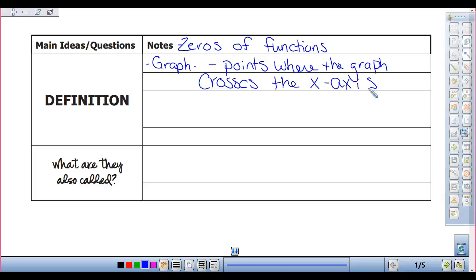Okay? If we're doing it algebraically, so there's going to be times where they tell you to solve it algebraically, it's the point where f of x equals 0.